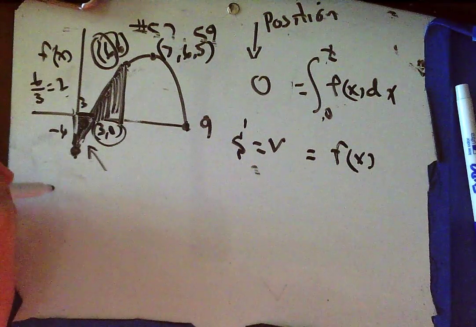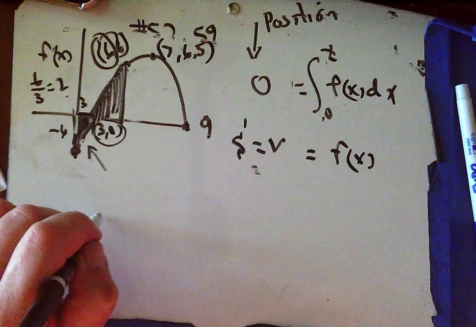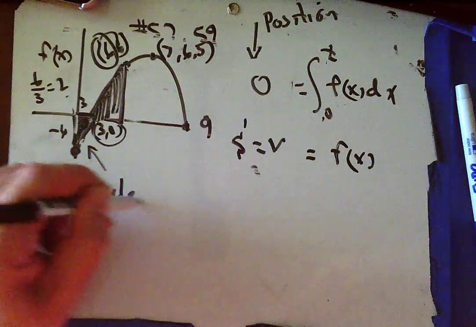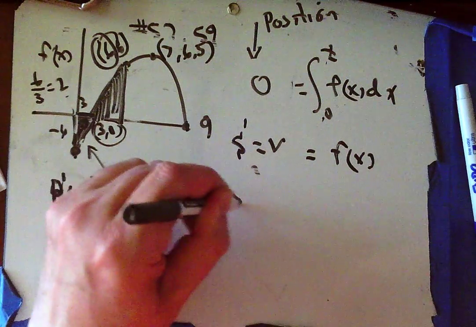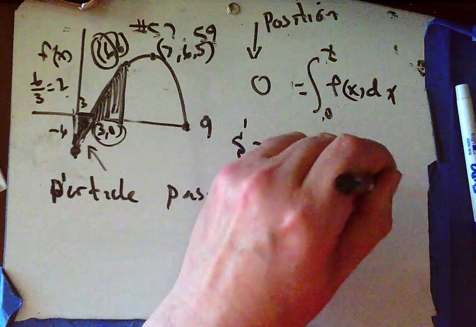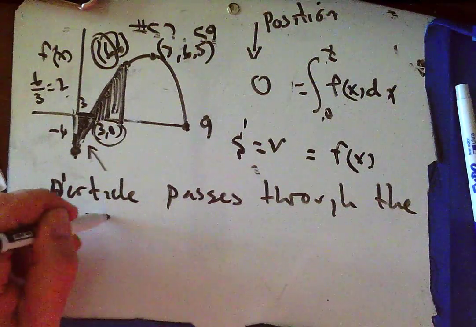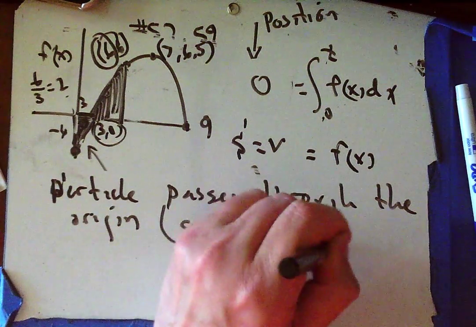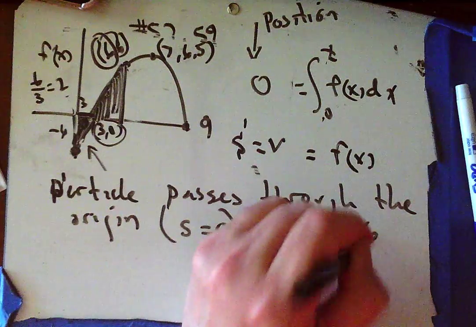So when does the particle pass through the origin? The particle passes through the origin: s equals 0 at t equals 6.